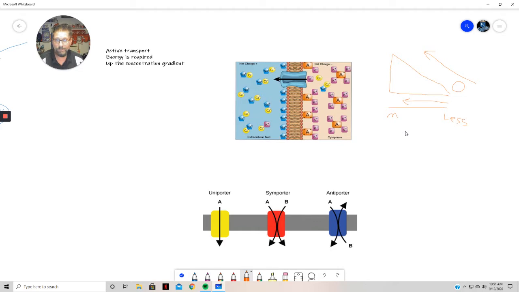We're stockpiling resources, ions, molecules, things that we need. We've got to have a constant stream of it coming in. And so that's what we are talking about today.